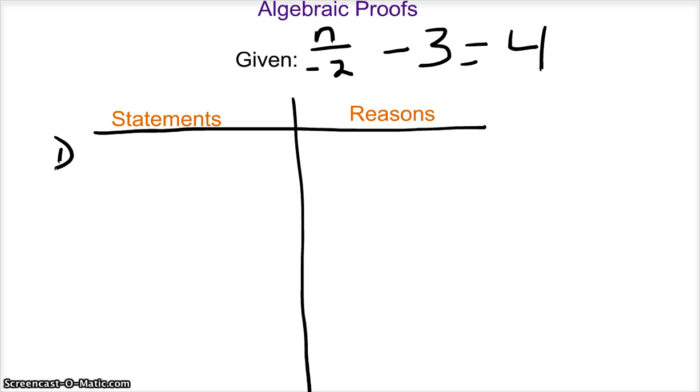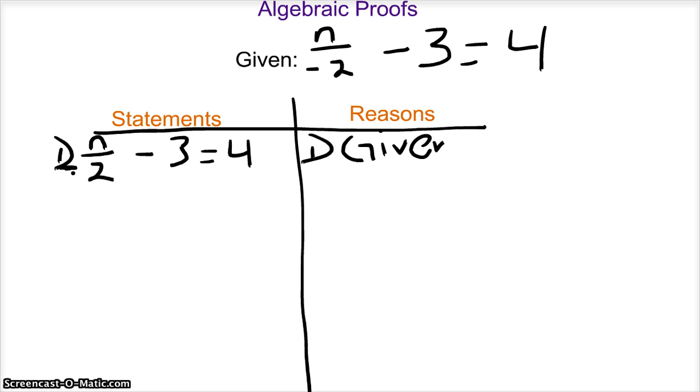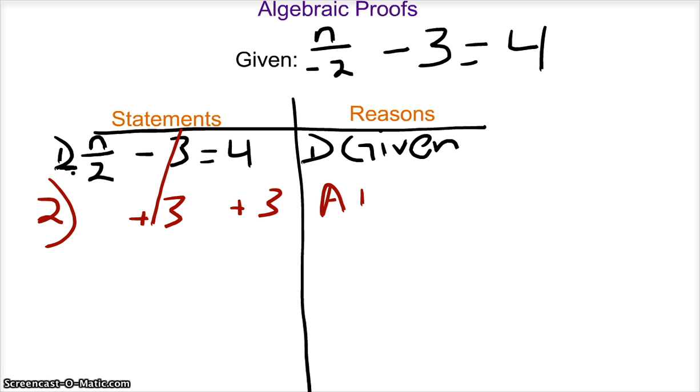So 1, I'm going to start off with my given. So n divided by -2 minus 3 equals 4. So my reason would be given. Number 2. Alright, so I would need to add 3 on both sides. Plus 3. Plus 3. So my reason would be addition property. I'm sorry. I need to put number 2.